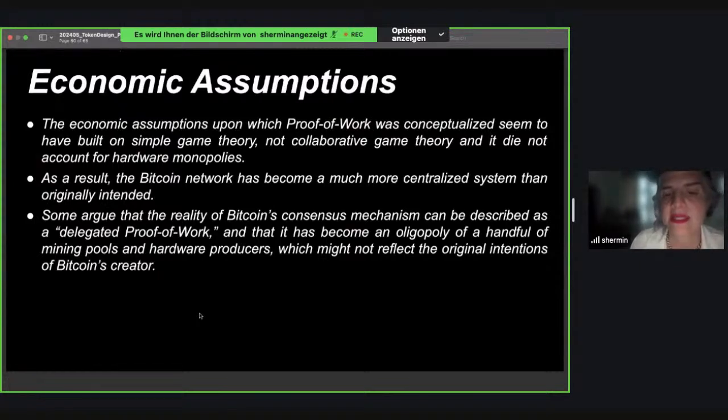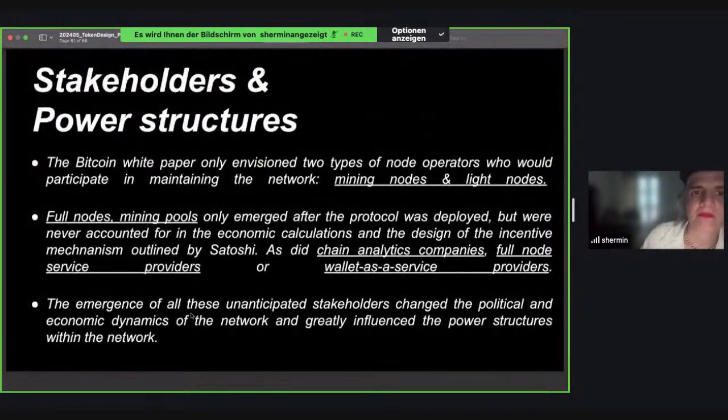And so the system has in practice become much more centralized, or an oligopoly of a handful of mining pools and hardware producers. And this might not reflect the original intentions of Bitcoin's creators.